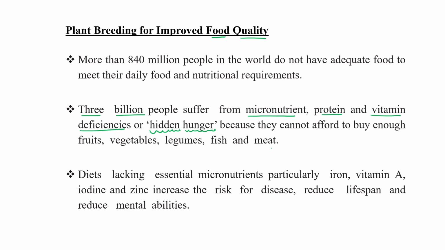So they are showing malnutrition or deficiency symptoms in their body. Okay, so diet lacking essential micronutrients, particularly iron, vitamin A, iodine, and zinc, increase the risk for various diseases, including reduced lifespan and reduced mental ability.